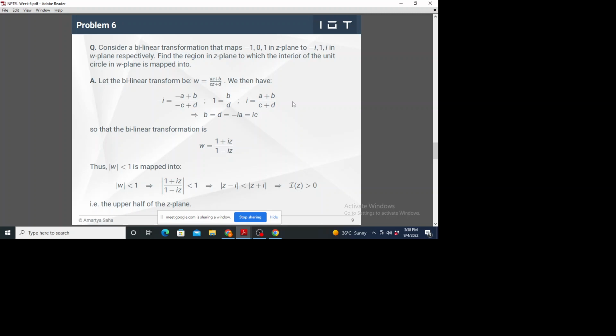So these are the 3 conditions on A, B, C, and D, and if you do some algebraic manipulation, you will get this equality. So B is equal to D, that is equal to -iA, and that is in turn equal to iC.